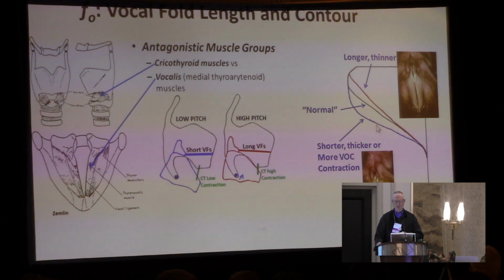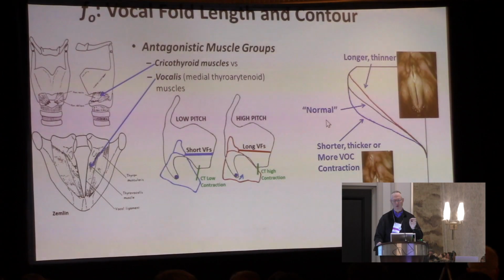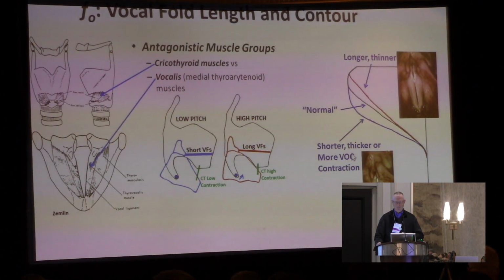But as you go down to lower pitches like normal, and the really low pitches, the folds are shorter and thicker, and so they look like this. The thickness is often measured from the tip of that arrow down to the tip of the arrow. So that's kind of a thickness. It also means that the vertical length of the glottis is increased. You can also create that by contracting the vocalis muscle to bulge this lower portion out.